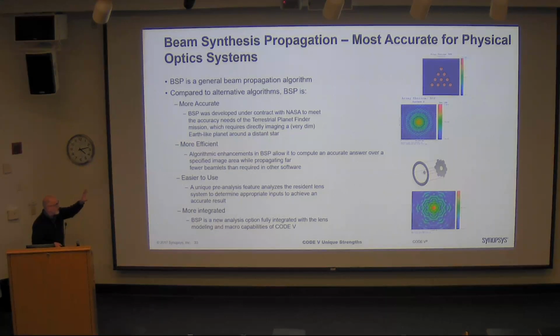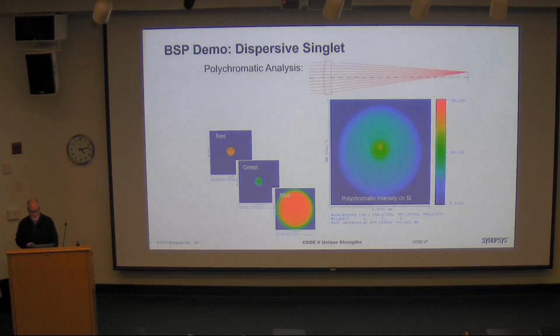It's a very nice method if you need to do generalized beam propagation to look at diffraction effects in your optical systems, gratings, what have you. You can use this feature. Here's an example of a dispersive singlet. We're looking off axis, and we are deliberately making this from a very dispersive material. If I look at the spot at the image plane for the red wavelength, the green wavelength, and the blue, I can look at those individually.